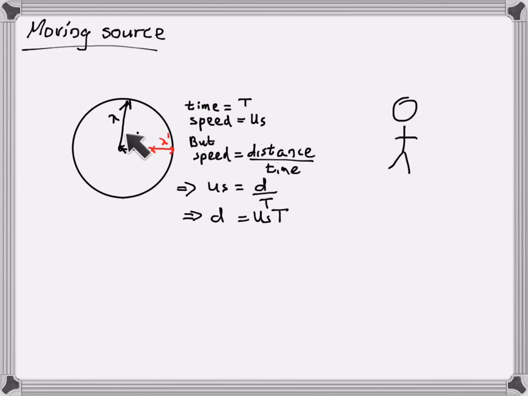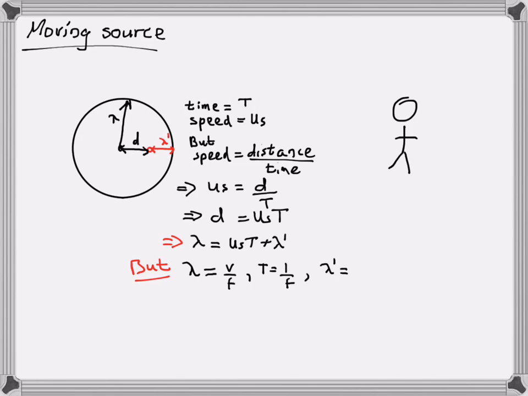Or we can say lambda is equal to d, which is really us times t, plus lambda prime. But by rearranging our speed equation for a wave, we can say lambda is equal to v over f, and we also know that the time period t is equal to 1 over f, and lambda prime is going to equal v divided by not f but f prime.